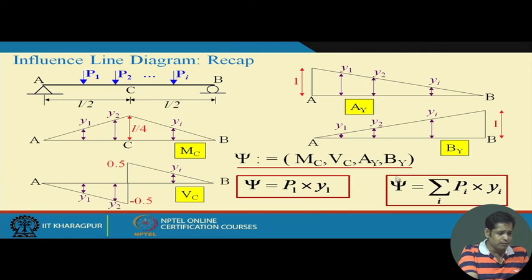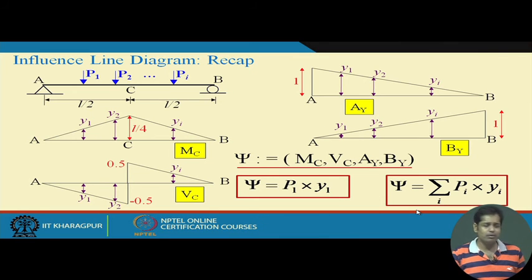This will be the summation of Pi into Yi. Here psi could be any of these depending on the context. If psi is MC, then MC will be P1 into Y1 plus P2 into its ordinate, and P3 into its corresponding ordinate, similarly plus Pi into its corresponding ordinate. These will give us the moment. Similarly, if you have to find shear force or support reactions, the same concept can be applied.